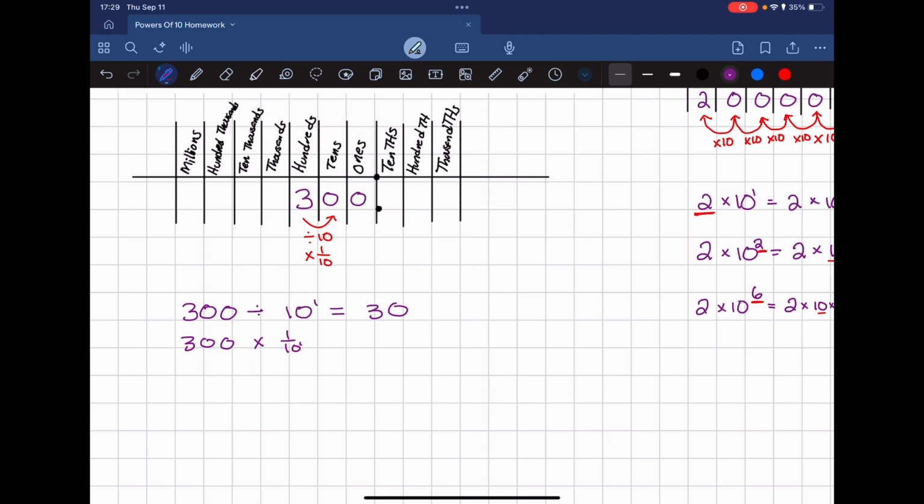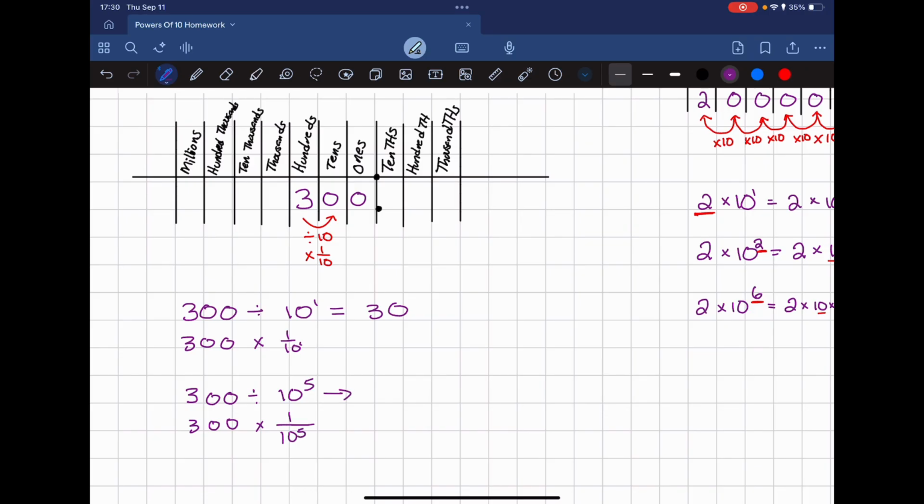So if I take that same number, 300, and I divide it by 10 to the fifth power, once again, that's the same as taking 300 and multiplying it by 1 over 10 to the fifth power.